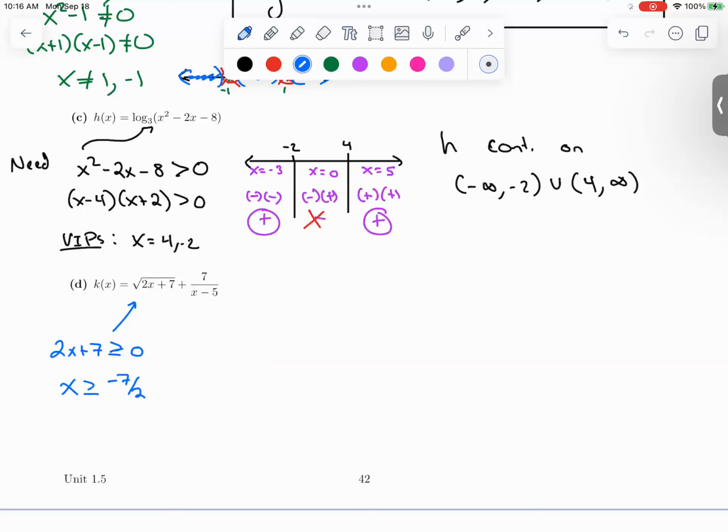If you want to look at it on a number line, draw a number line here. Here's -7/2. Here's 5. From the green, it has to be not equal to 5. And from the blue, we know that it has to be greater than or equal to -7/2.